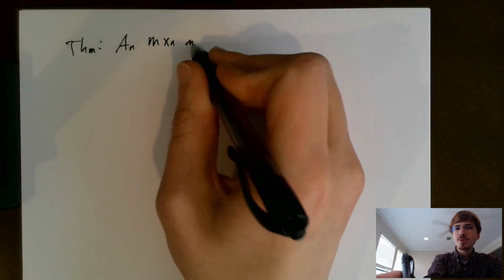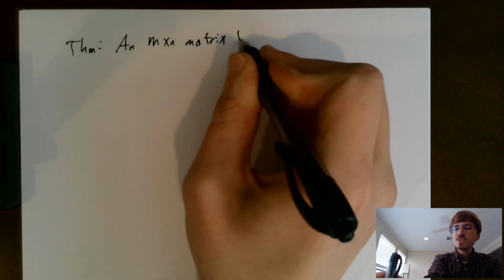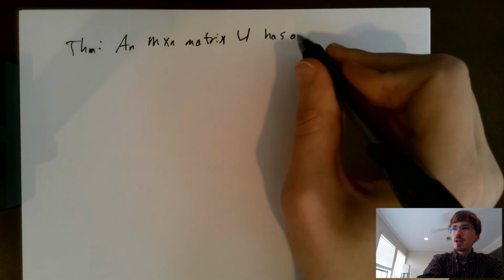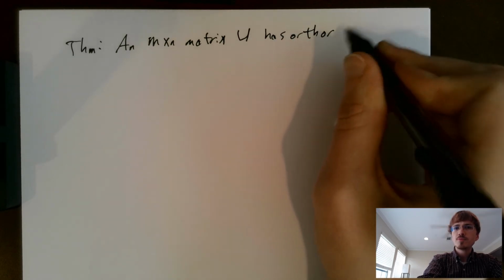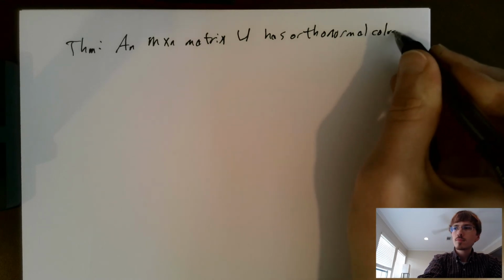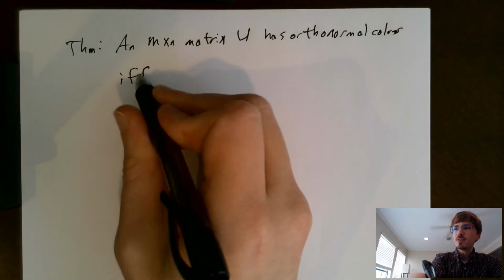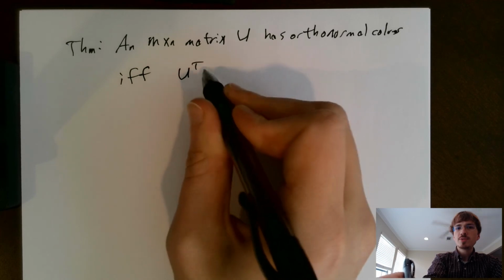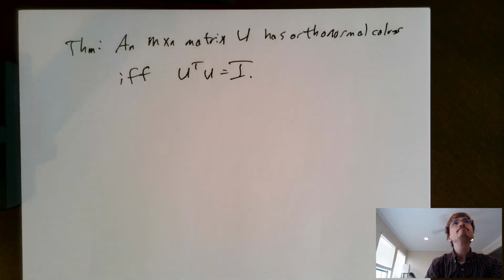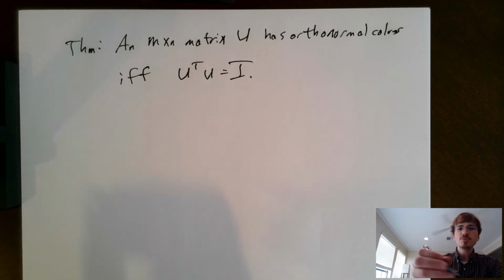An m by n matrix U, that's a capital U here, has orthonormal columns if and only if U transpose times U is the identity matrix. Let's prove this.